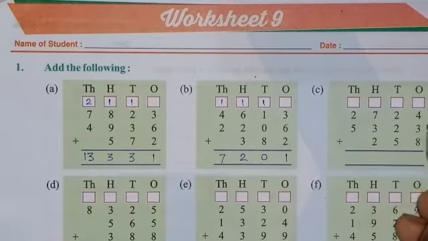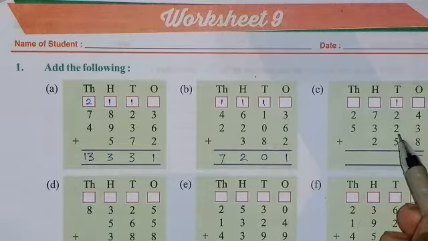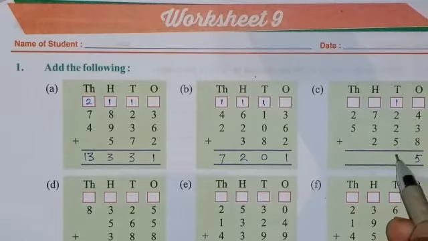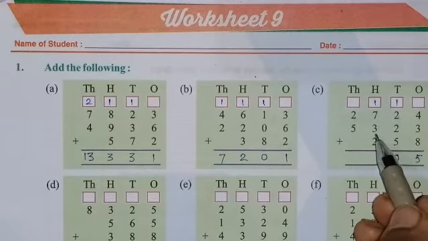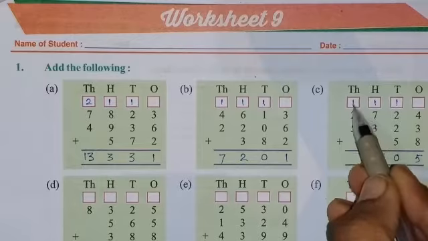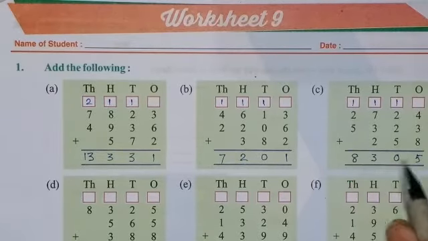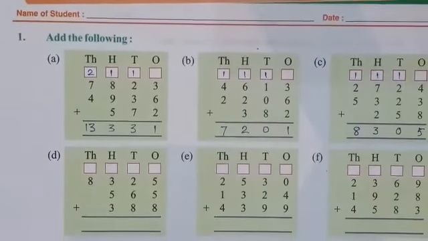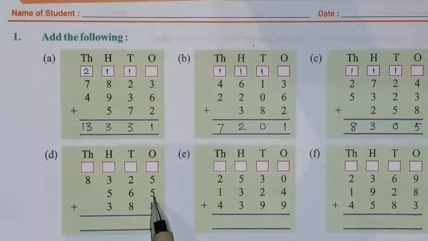See the next C, 4 and 3, 7, 7 and 8, 15, so 5, carry over 1, 1 and 2, 3, 3 and 2, 5, 5 and 5, 10, 0, carry over 1, 1 and 7, 8, 8 and 3, 11, 11 and 2, 13, 3, carry over 1, 1 and 2, 3, 3 and 5, 8. This is the answer.